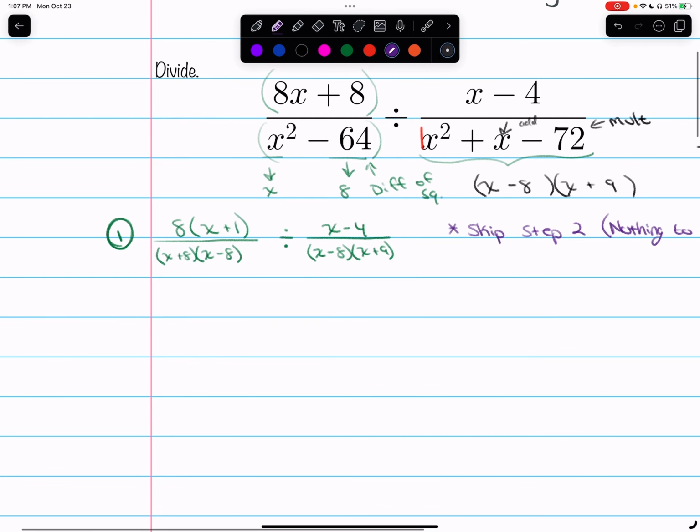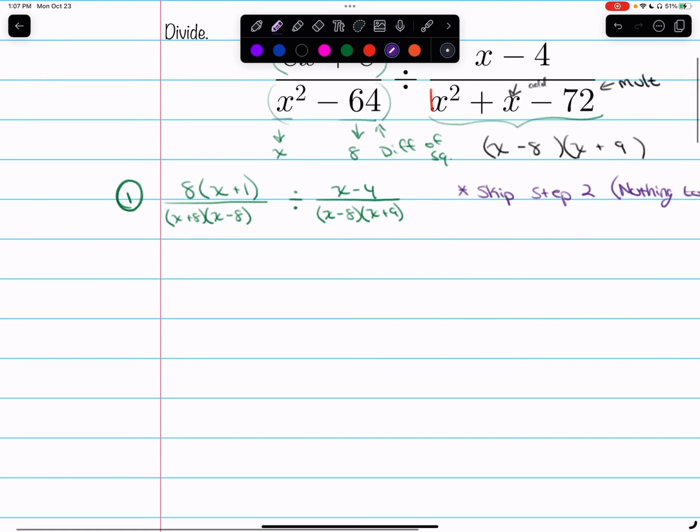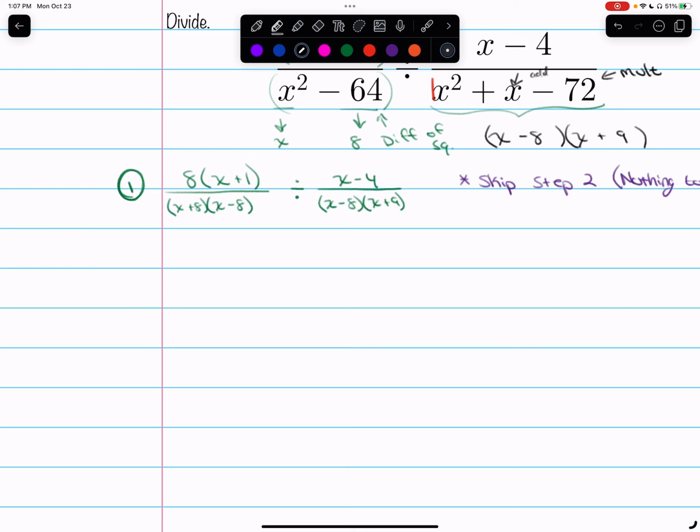Step 3 is where we're going to flip the second fraction and multiply, okay? So my first fraction stays the same. I have 8 times x plus 1 over x plus 8 over x minus 8. So that fraction stays the same. This symbol is going to become multiplication because what we're doing is, remember, we're multiplying by the reciprocal.